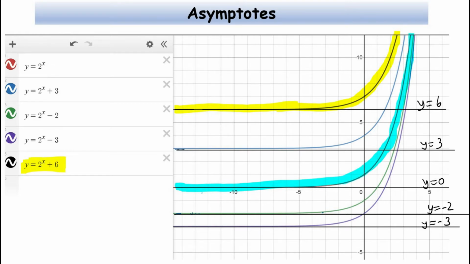That parent has been shifted 6 points up. So the asymptote has been shifted up as well. The asymptote that used to be y equals 0 is now y equals 6. That's the new line. I drew the line ahead of time.